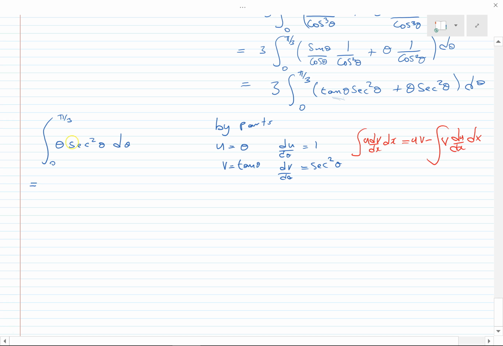So let's put into this. We have this is equal to uv. So uv is theta tan theta. I'm going to deal with the limits here. Remember, I'm only working this bit out, so I might as well try and do as much as I can with that integral with the pi over 3 to 0. Take away the integral from pi over 3 to 0 of v du by d theta, so that's tan theta times 1.